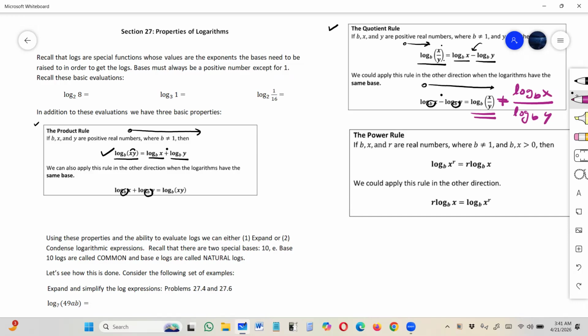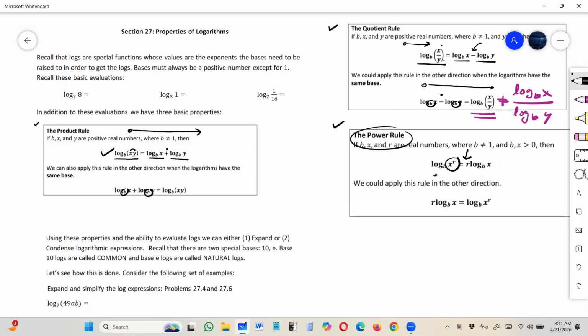Okay. So that's the second property. And then the third property is what we call the power rule. So if I have the log of something raised to a power, then that exponent or that power leaves the exponent and goes and multiplies the log itself.